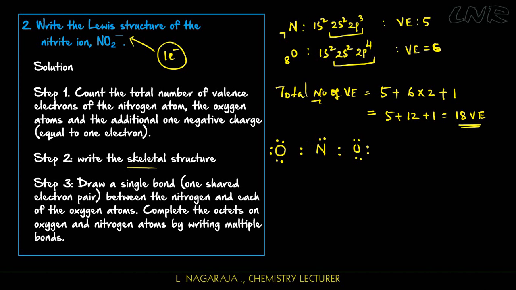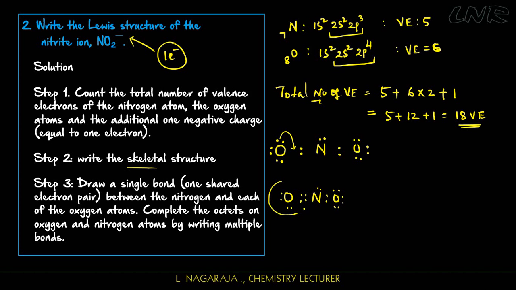It indicates that there is a certain multiple bond between the atoms, right? So one pair of electrons is to be shifted towards the nitrogen atom. So the Lewis structure for this molecule is to be written as two pairs of electrons between the oxygen atoms and the remaining only 4 pairs.